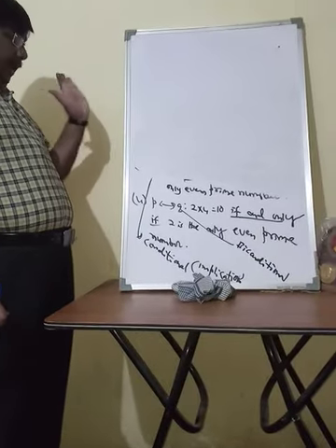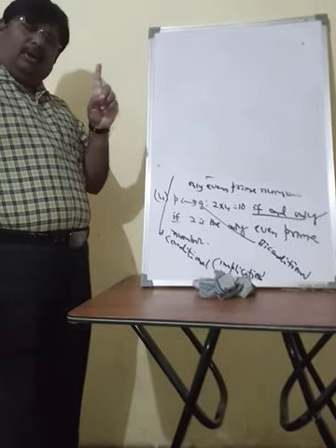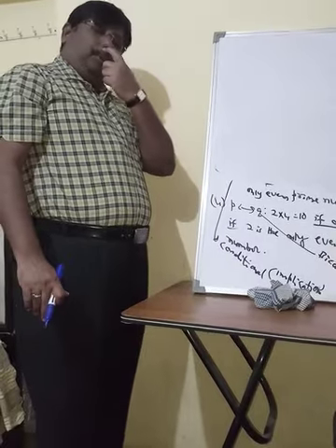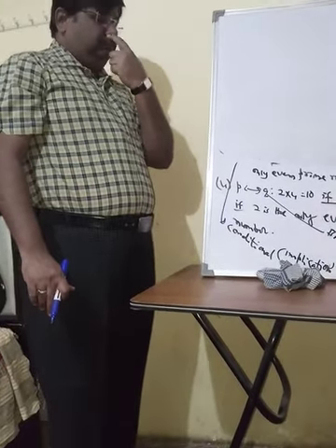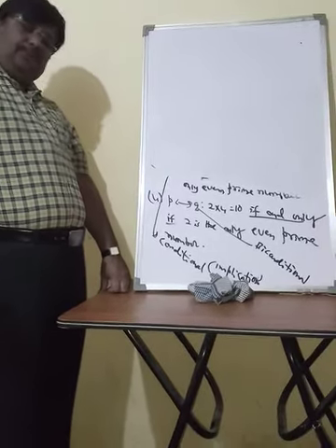A compound proposition formed by the connective or is called a disjunction, as you have seen. A compound proposition formed by the connective and is called conjunction.